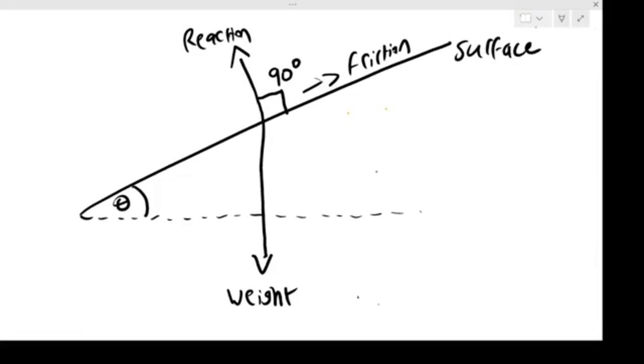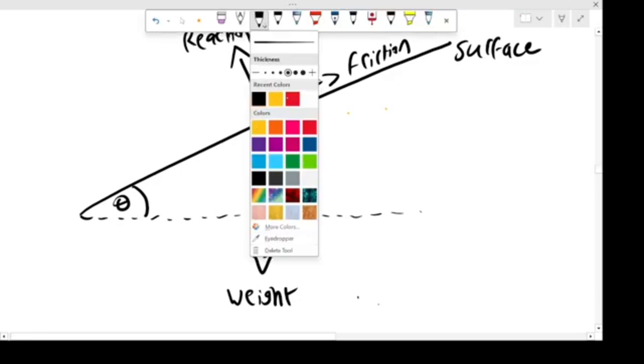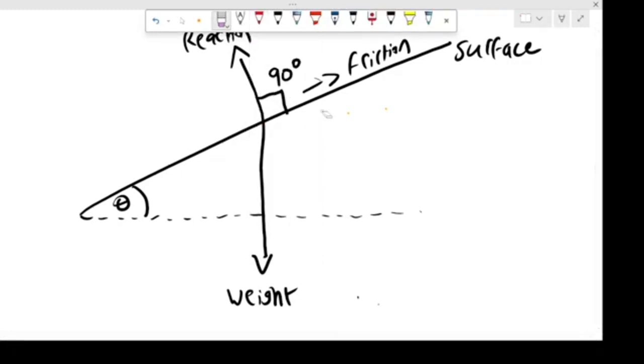What we're going to do is like one of the examples we've seen earlier in the video. I'm going to do it in a different color. I'm going to split the weight up into two different directions. So firstly, it's going to go down like this and then there.